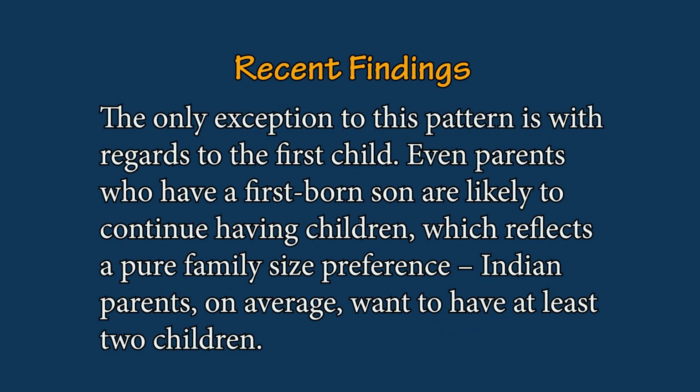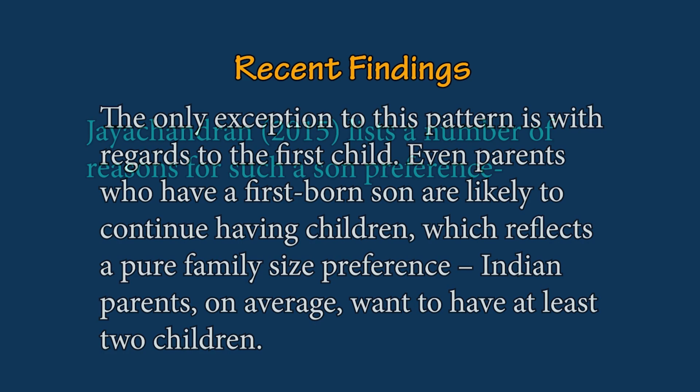The only exception to this pattern is with regard to the first child. Even parents who have a first-born son are likely to continue having children, which reflects a pure family size preference. Indian parents on average want to have at least two children.